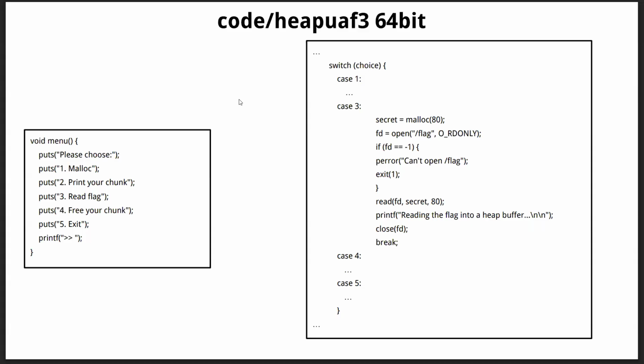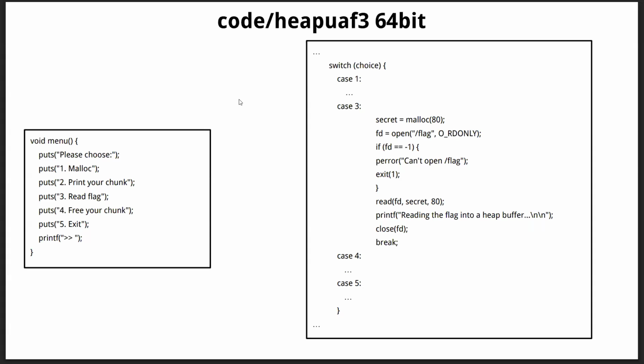So let's say you first malloc, and it asks how many bytes you want. You say 20 bytes, then you just print those 20 bytes. What do you get? Nothing, because you do not really put anything in there.